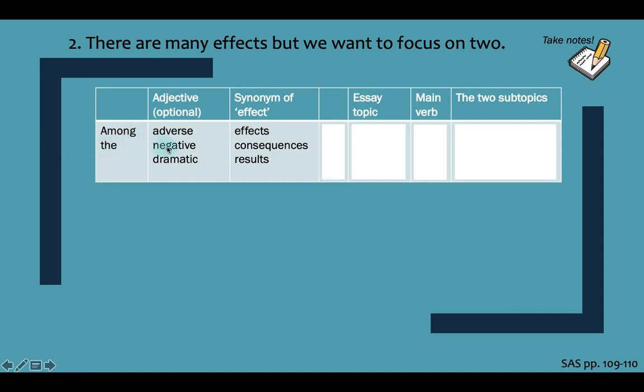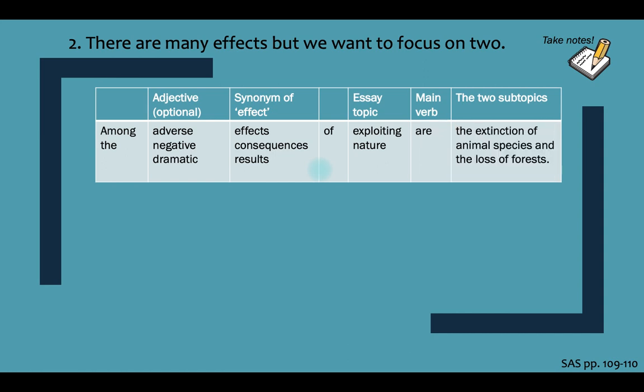Among the negative consequences of exploiting nature are the extinction of animal species and the loss of forests. By using this phrase, among the effects, that gives us the idea that there are more effects than just these two, but we are focusing on just two of them.